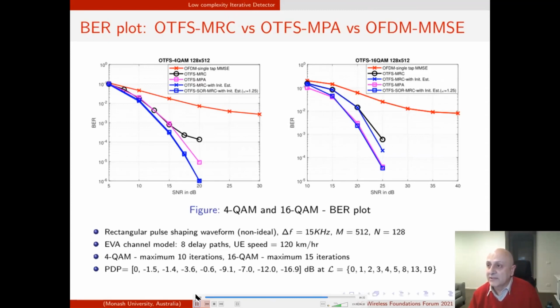You can also notice that the simple detection performs as well as the best known detection based on the message passing algorithm, but with a much lower complexity, as we will discuss later.